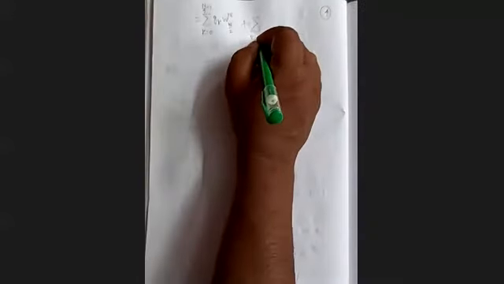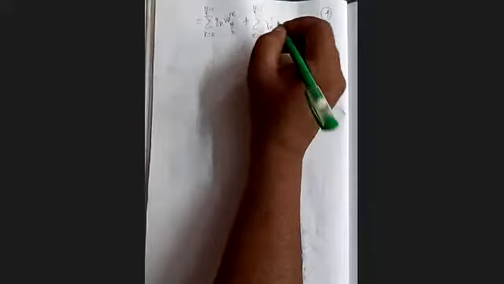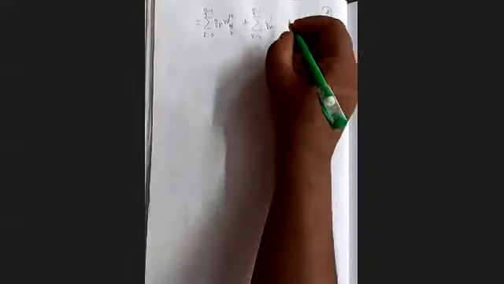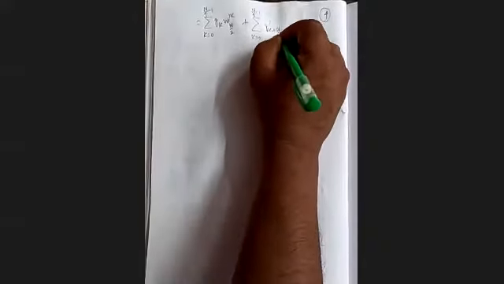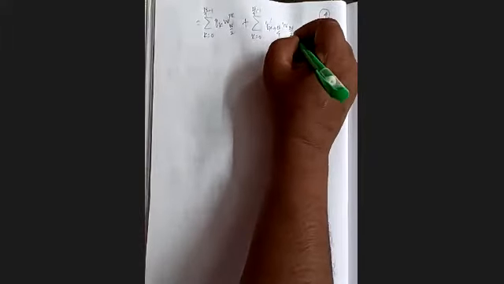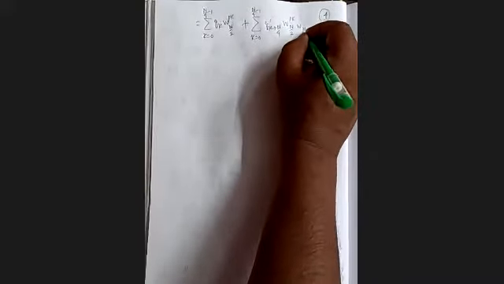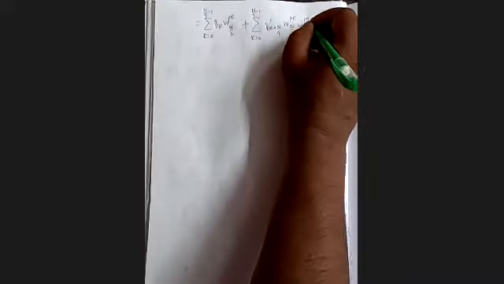Next is the second part. G'(k) plus N by 4. Now we are resolving it. One is W_N/2 to the power Pk. Another is W_N/2 to the power PN by 4.